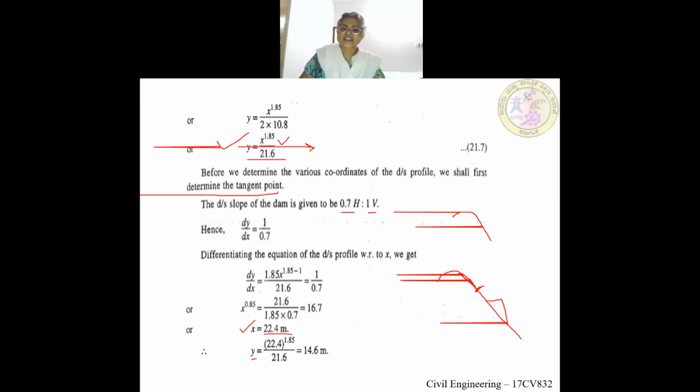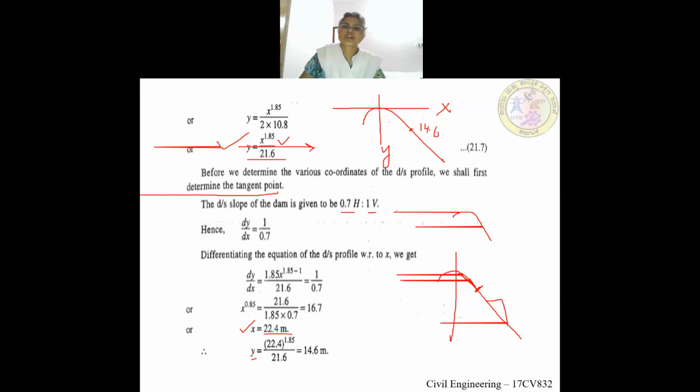That is, at the tangent point, if this is a crest, I'll rewrite here. If this is the apex of the crest, this is taken as x-axis and this is taken as y-axis. And at this ordinate where the downstream profile of the crest is tangential, this value of x is how much? 14.6.